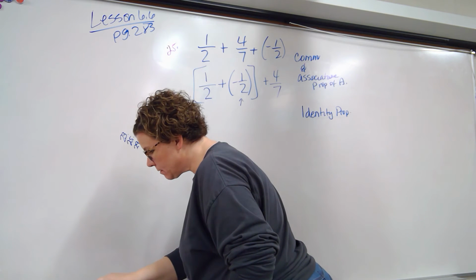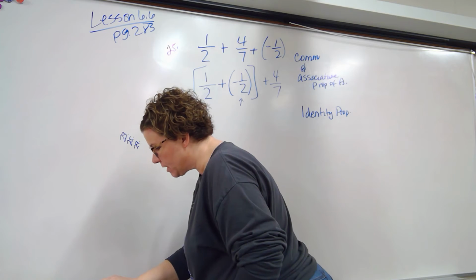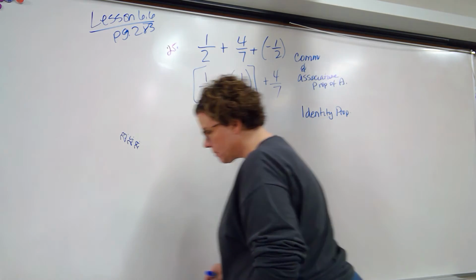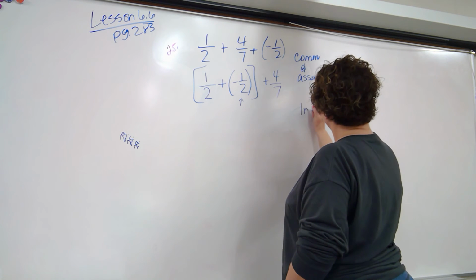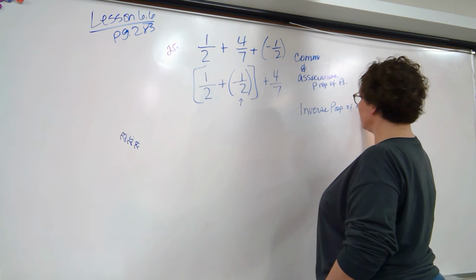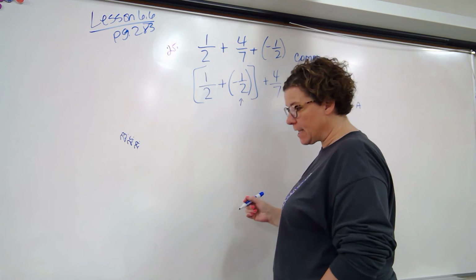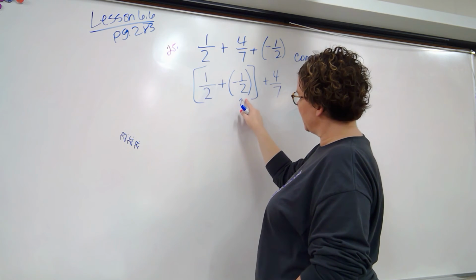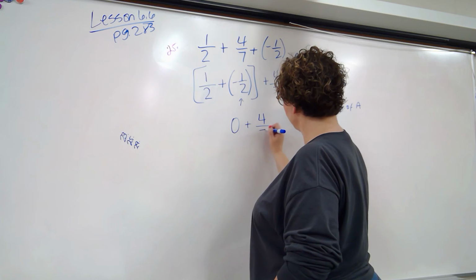Actually, associative property of addition. Inverse property, I'm sorry. This is the inverse property of addition because this is the inverse. Basically, it's the negative, and the positive and the negative make 0, plus 4/7.